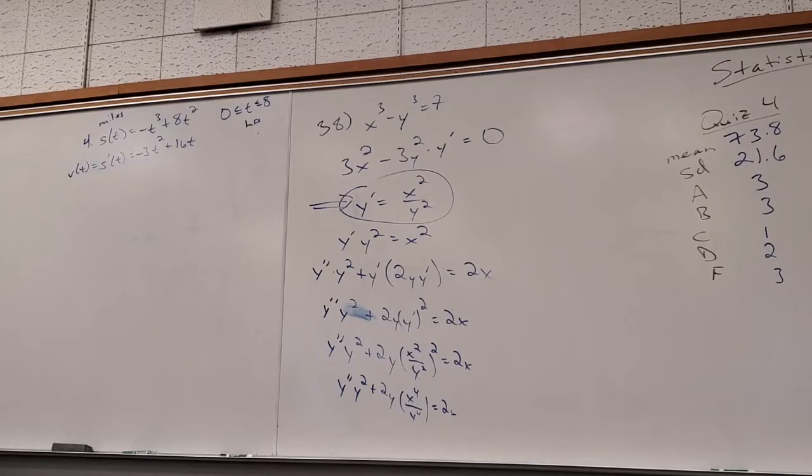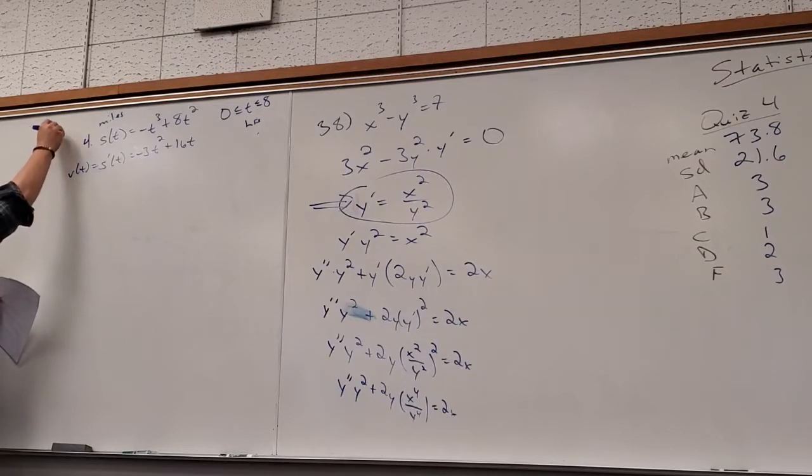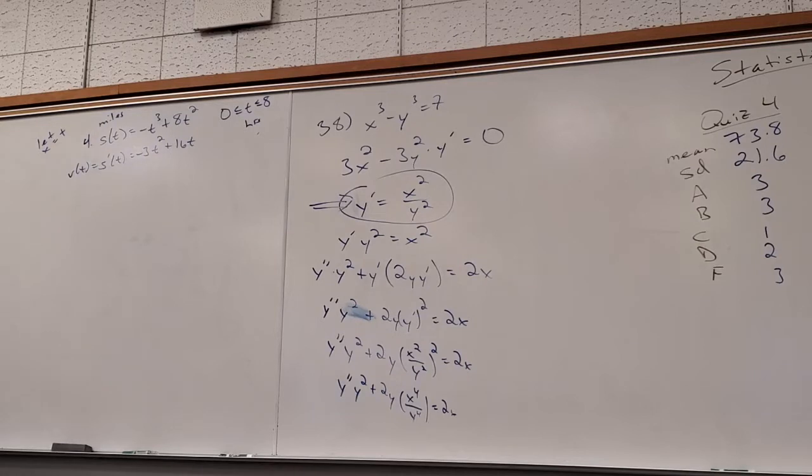And again, if you need to, you could say let x equal t. In the middle of a problem, you could replace variables because they're dummy variables. Who cares? So if you need to, you can do that.